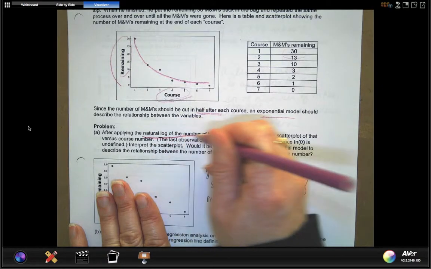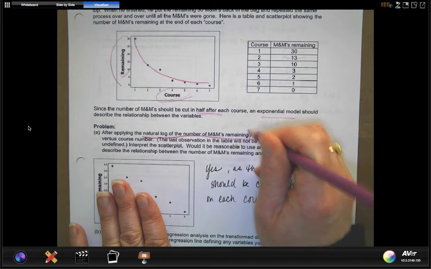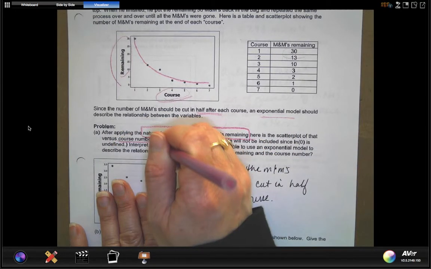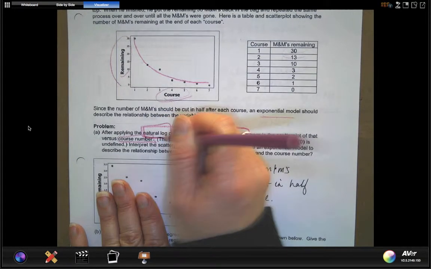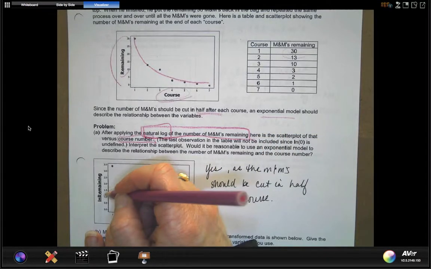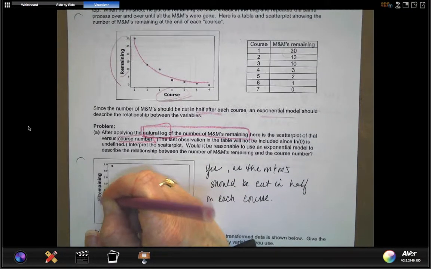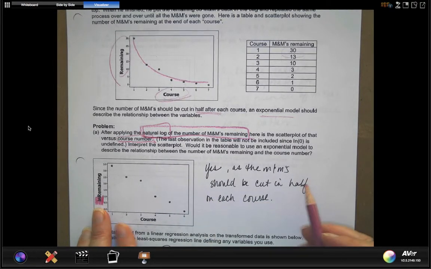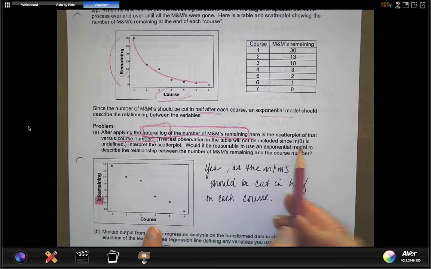But here it says after applying the natural log of the number of M&Ms remaining, here's the scatter plot of that versus course number. So you can see here they only did the natural log of the number of M&Ms remaining. If I look at the picture of the scatter plot, you can see in the title, only this one has been changed, okay? So would it be reasonable to use an exponential?